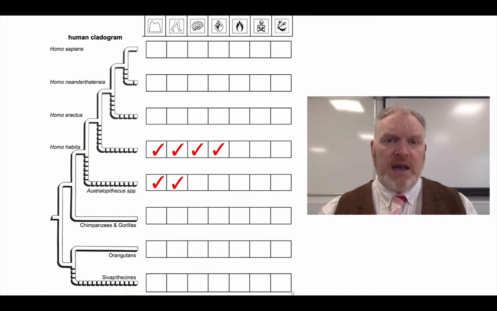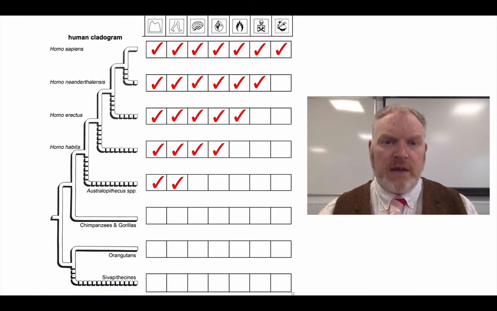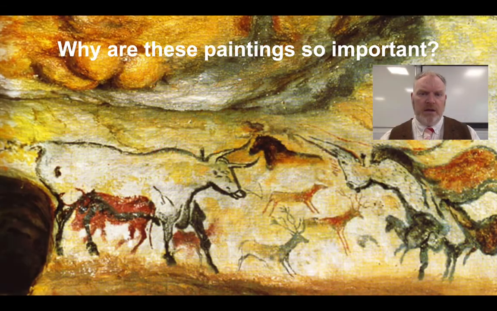Homo habilis has the larger brain, the ability to make tools. Homo erectus mastered fire and was able to use fire. Neanderthals incorporated ceremonies, and modern humans have the symbols, the language, and the means of communication, a key part of our development. Which takes us back to Lascaux.